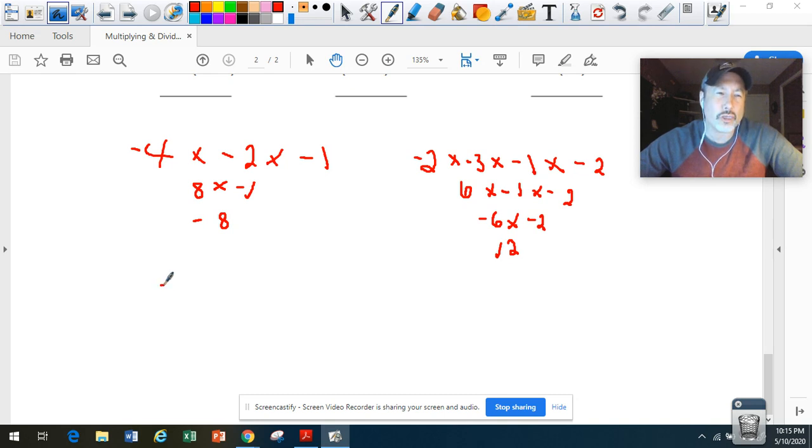If I had 32 negative numbers that I'm multiplying together, what is my answer going to be? Positive or negative? It's going to be positive because I have an even number of negatives. Now what if I had 27 negative numbers that I am multiplying together? That's odd. 27 is odd. So my answer is going to be negative.